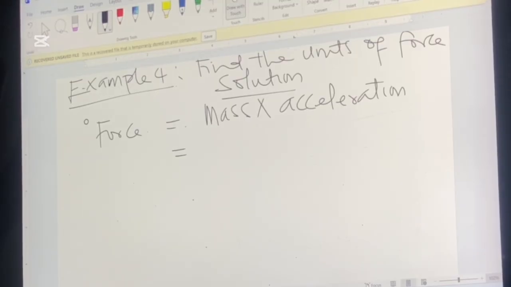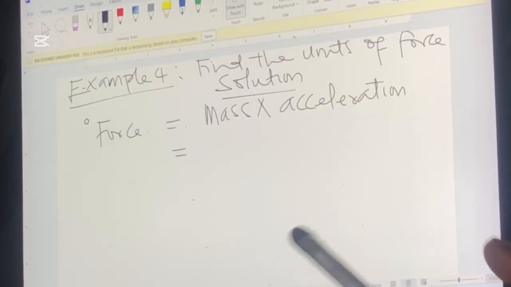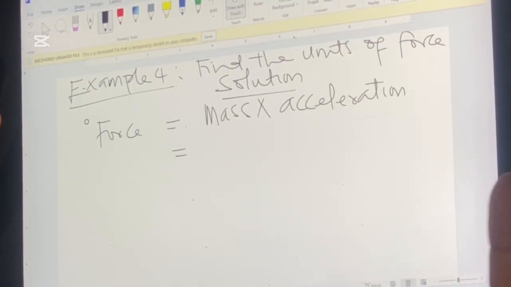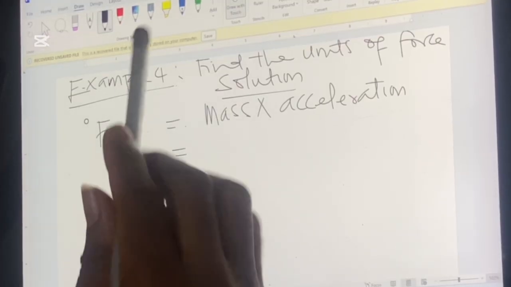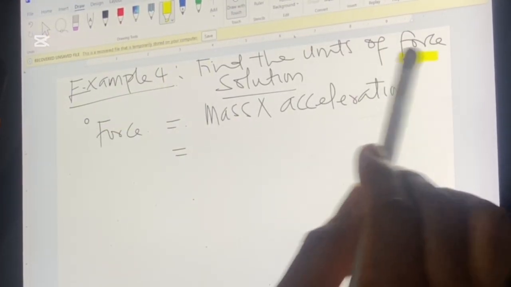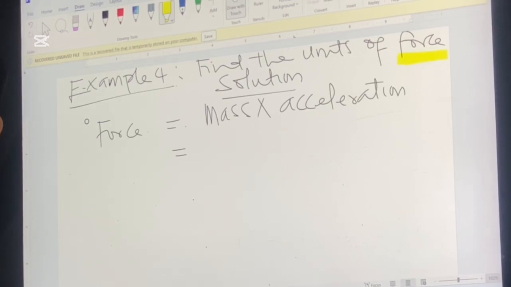Remember, the first step is to write down the formula, and the formula for force is mass times acceleration. The next step is to reduce the formula to its fundamental quantities.